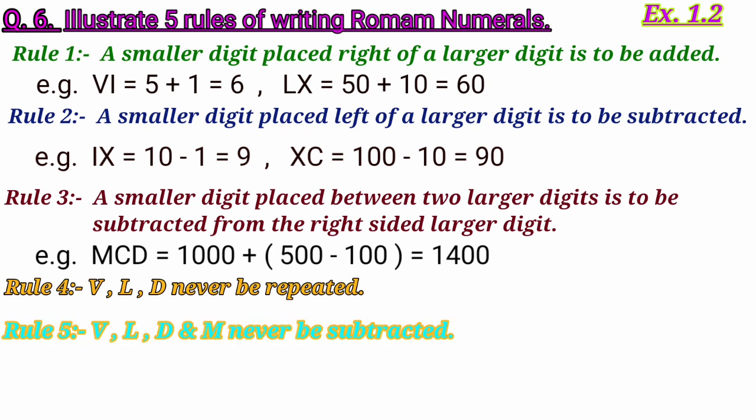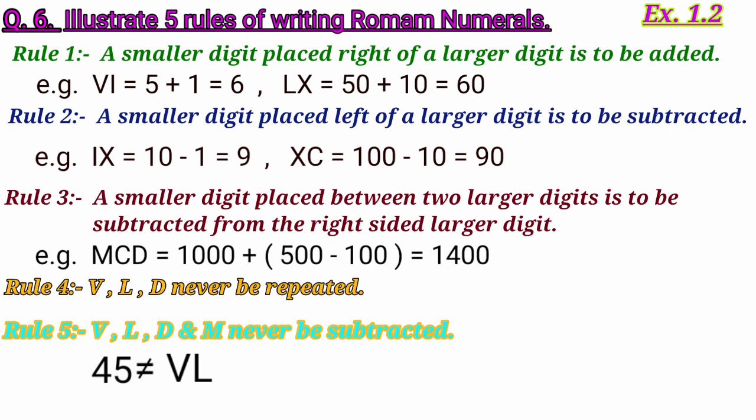Another rule, that is the fifth rule, is V, L, D and M are never subtracted. Suppose we write 45, then we cannot write VL because V cannot be subtracted. So we will have to write 40 and then 5.